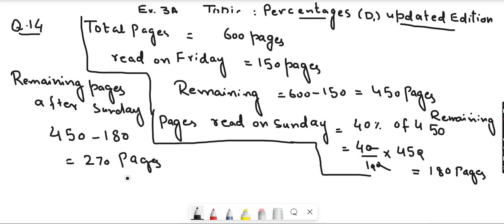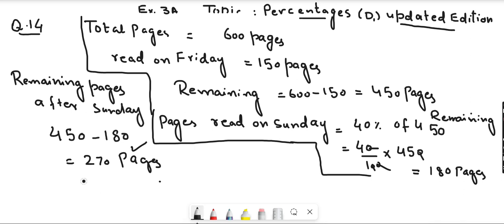What you have to calculate over here is the number of pages that remain to be read, as a percentage of the total number. You'll write it thoroughly.